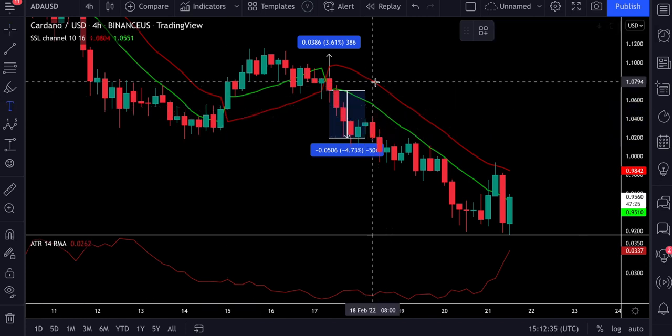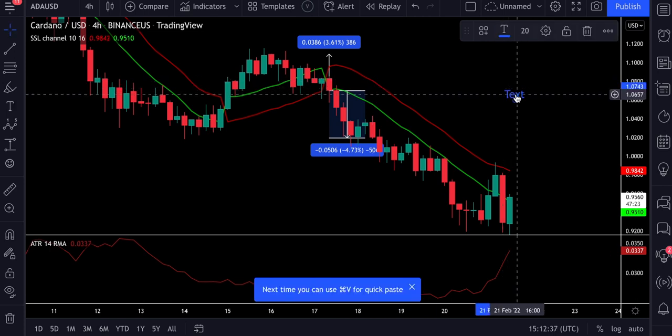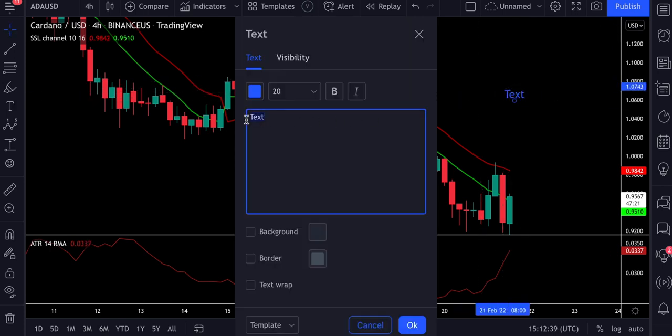Let's make a note and write down all these numbers so you don't get confused. We need to write down 3 numbers. What is the value of 0.5 ATR?